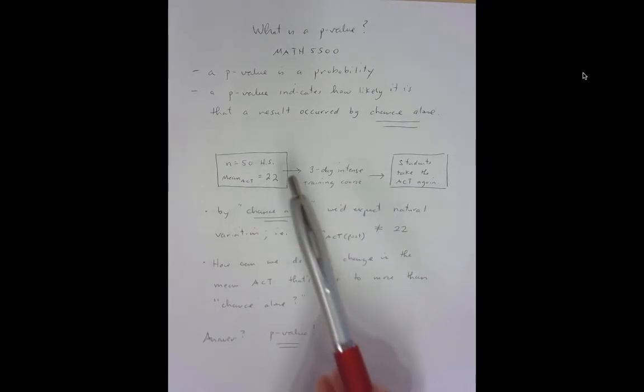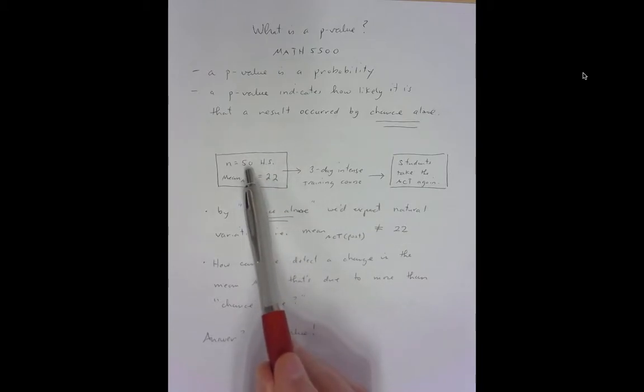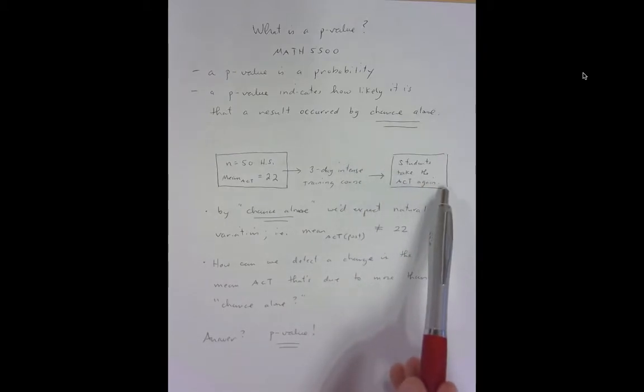Because, guys, just by chance alone, these 50 high school students, I don't know about you, but if you have high school children, you know that their mood varies day to day. Well, shoot, their mood varies minute to minute, right? So there's no reason to think they would be able to perform exactly the same, maybe months later.